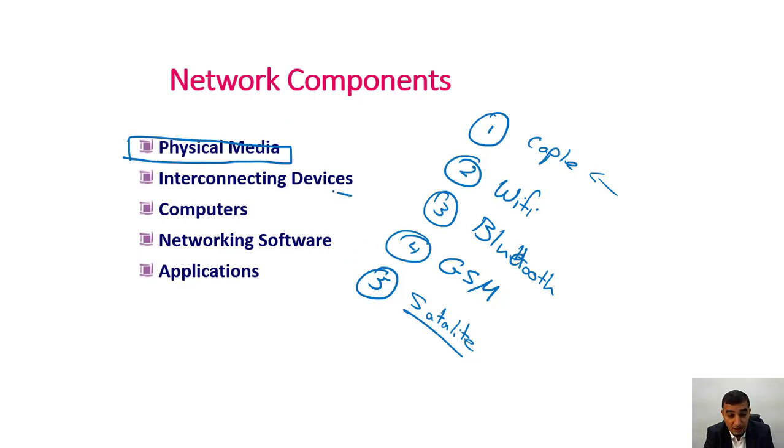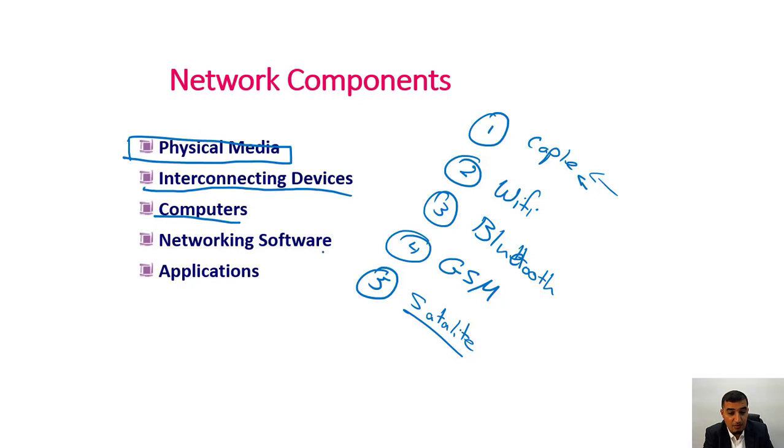Then we have the interconnecting devices. How do I connect here? Through the RJ45 cable, through the Wi-Fi modem, Bluetooth modem, GSM modem, and the satellite modem. All of these, they have different connecting devices. Then you have your computer.